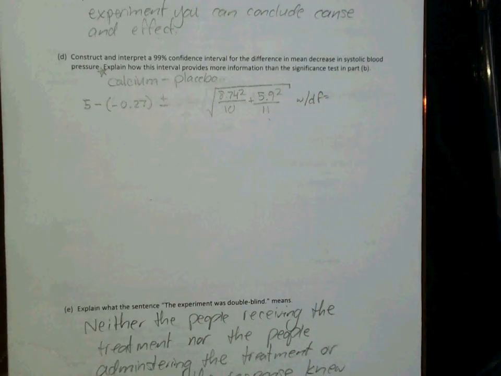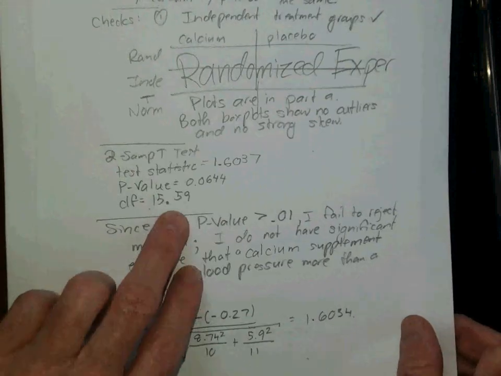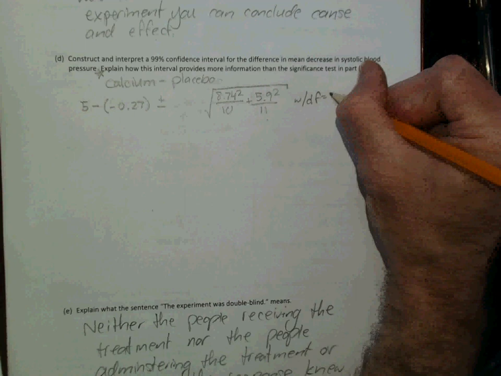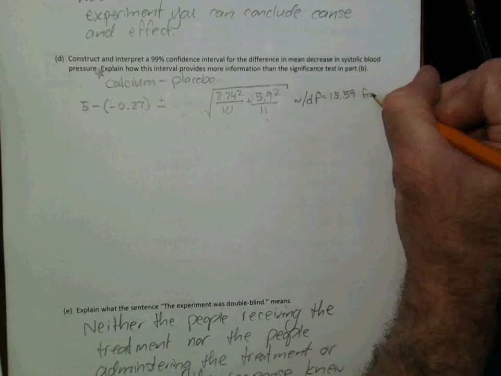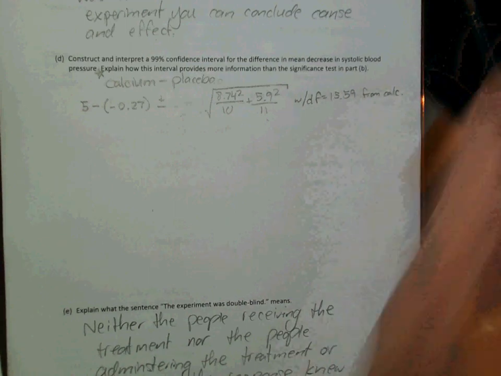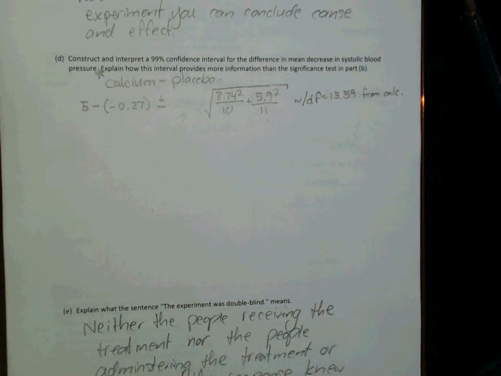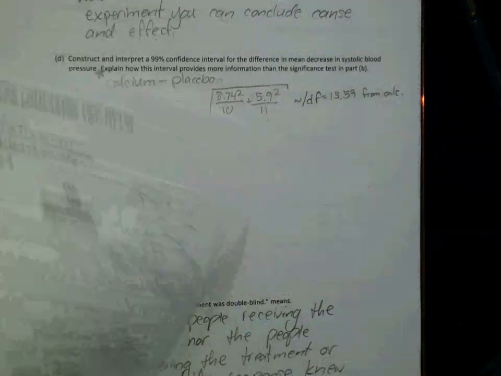And then from part B, if you remember, I had 15.59 as the degrees of freedom, but there are going to be some issues here. So I'm just going to write from calculator. I didn't write that before. Now, if you remember in the notes, for the degrees of freedom, I had a few options.